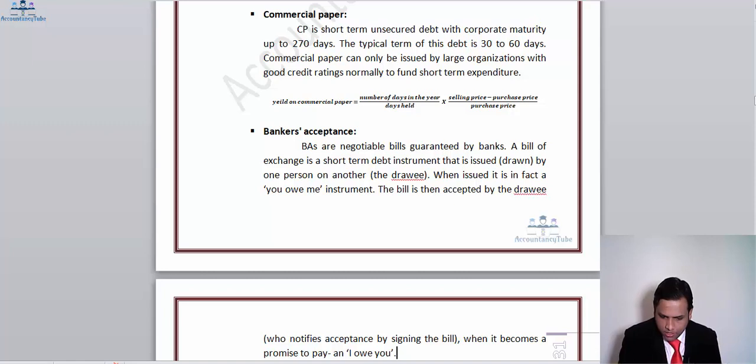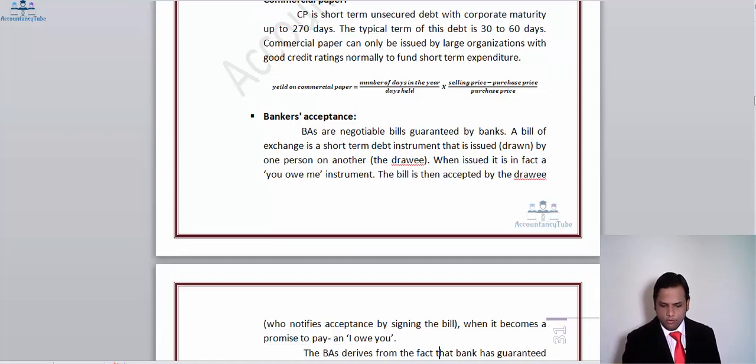The yield on commercial paper equals the number of days in the year, that is 360 or 365, whichever is the norm, divided by the days held, multiplied by the selling price less purchase price divided by purchase price, and you will get the yield on commercial paper.